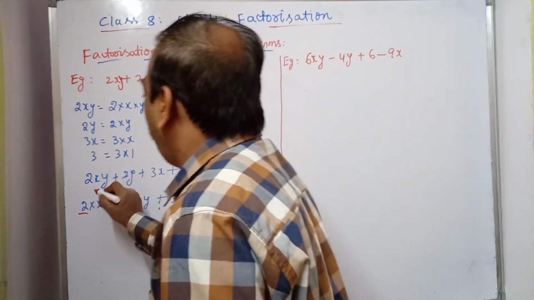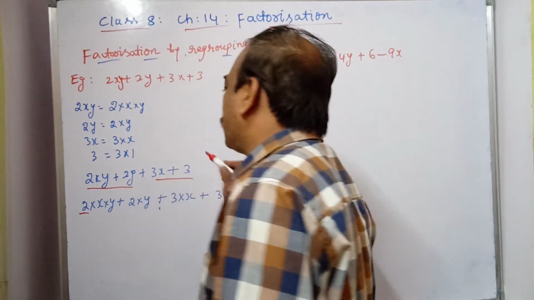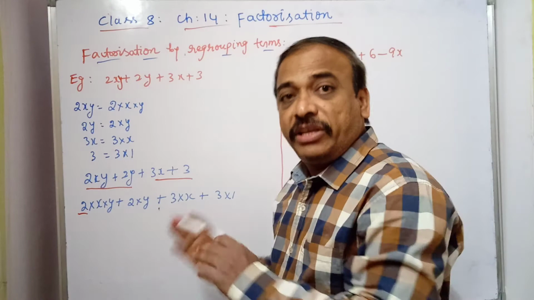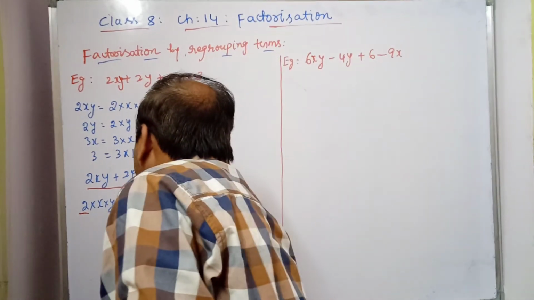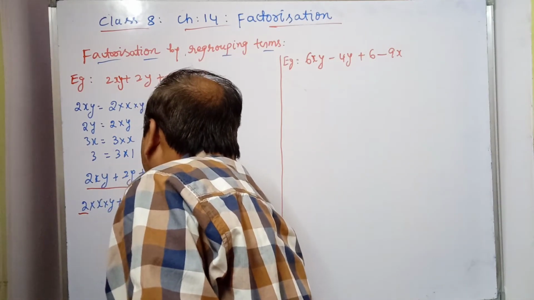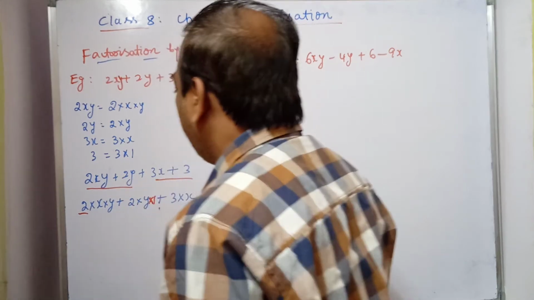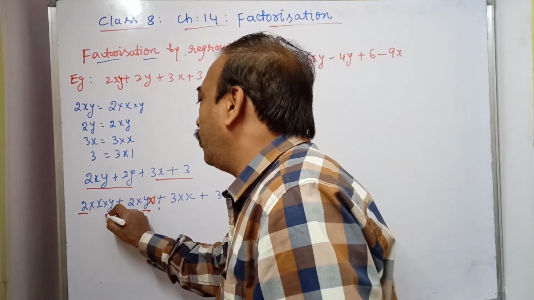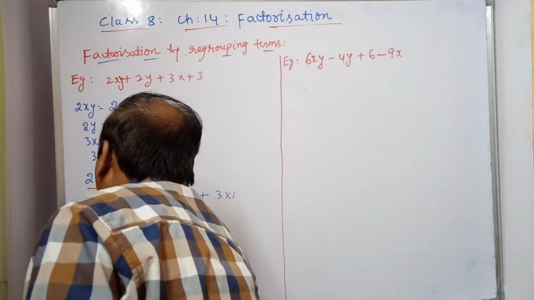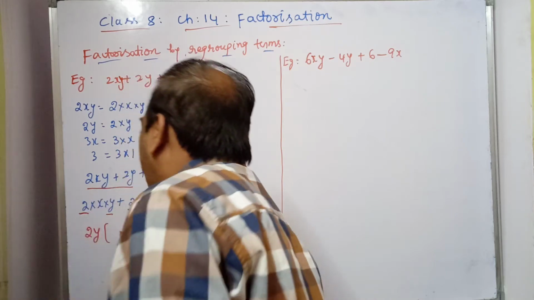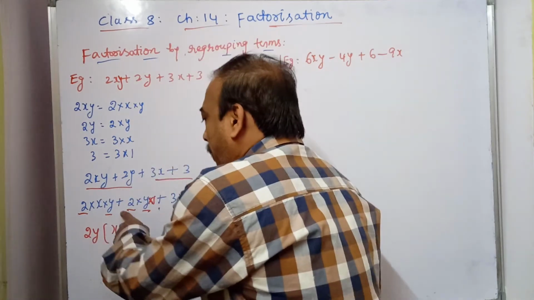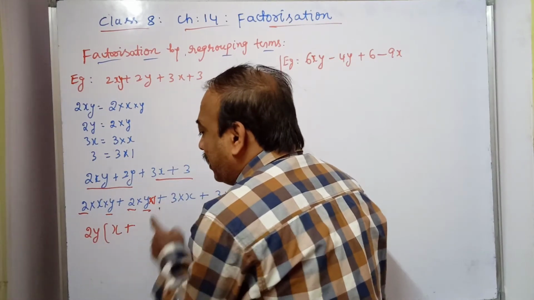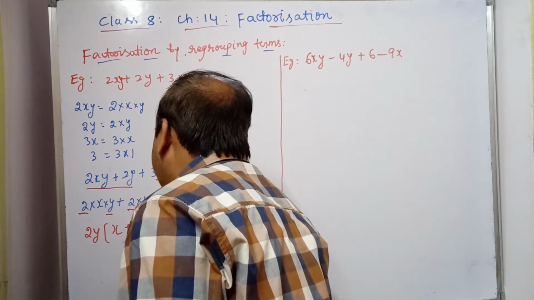If you write 2y outside, what is left over? x plus 1. 2y is already outside, and what is left over is 1, so in that case 1 is required.